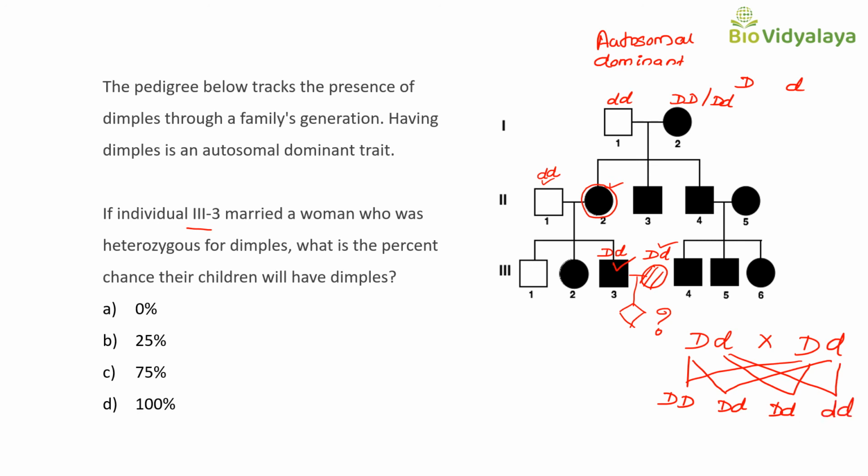Out of these four, how many are affected? This one is affected, this one is affected, and this one is also affected. So 3 by 4. 3 by 4 means 75%. So what is the percent chance that children will have dimples? That is 75%. So the correct answer is option C, 75%.